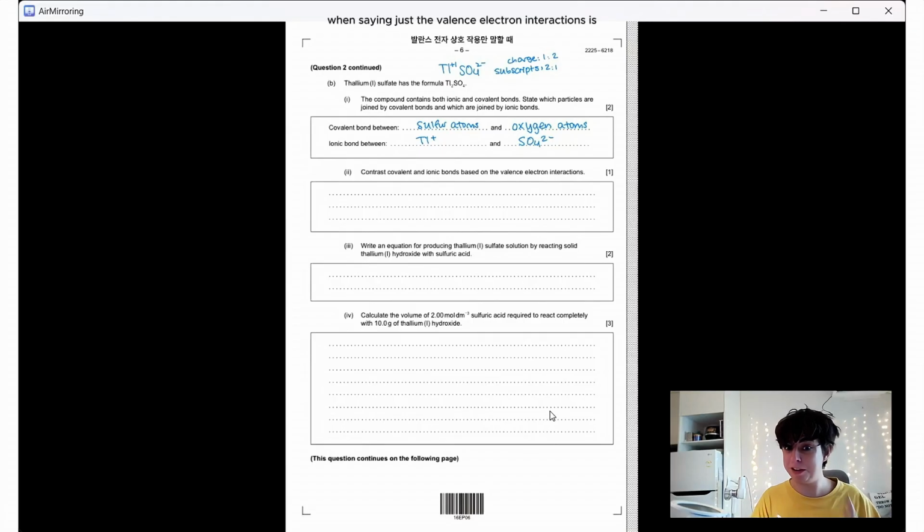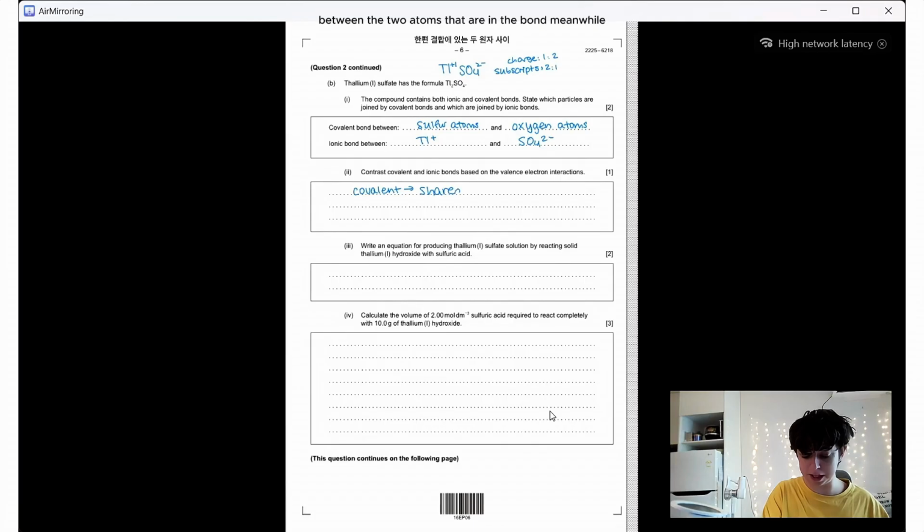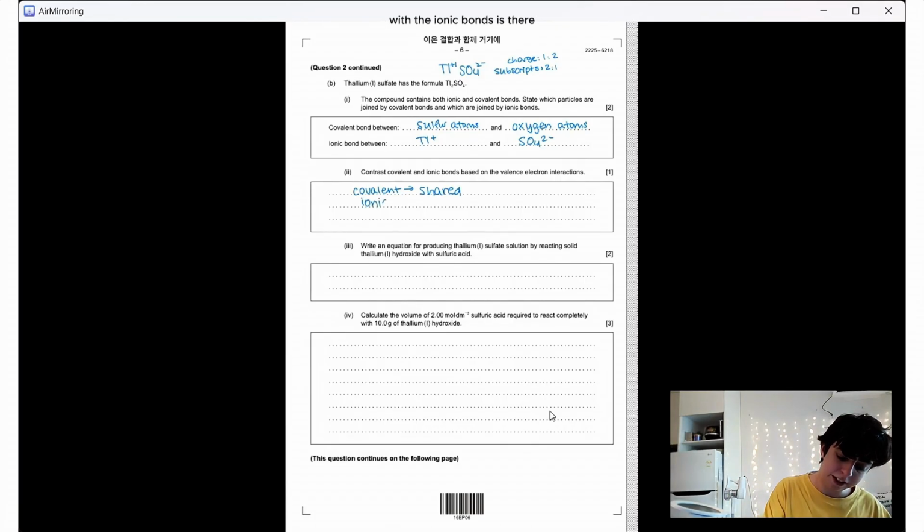But with this one, when saying just the valence electron interactions, it's actually what you usually want to say. All you have to do is just say that those valence electrons in the covalent bonds are shared. Those valence electrons are shared between the two atoms that are in the bond. Meanwhile, with the ionic bonds, there is the complete transfer of valence electrons.